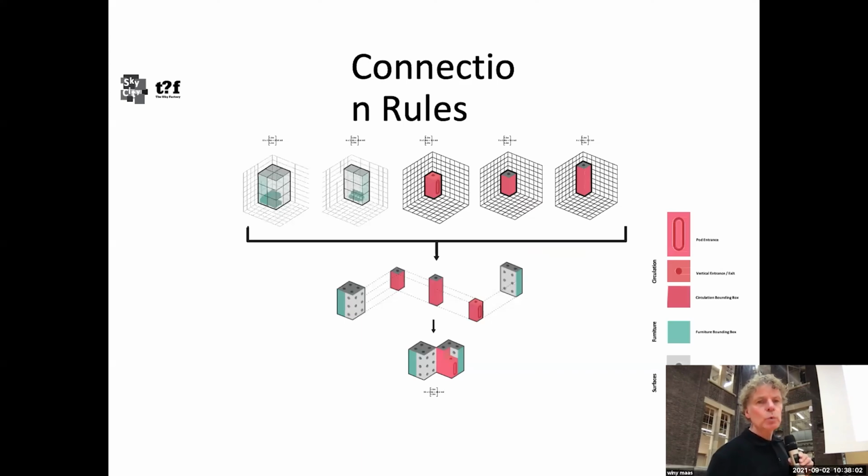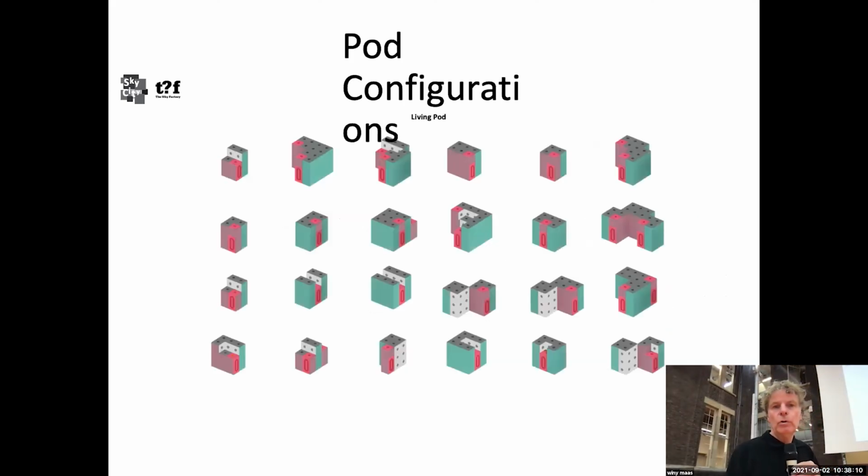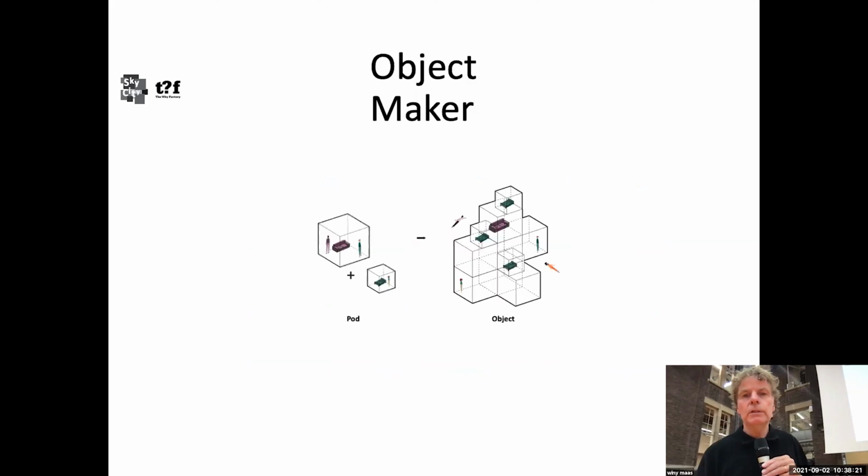There are connection rules that come into it because pipelines have to connect and conduits have to connect, but also certain logics. I go from my bathroom normally to a toilet, or first toilet and a bathroom, and then to my dressing closet. That leads to the object maker.